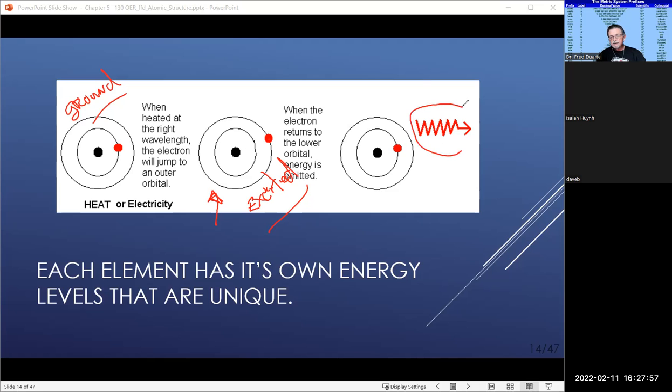And in the process, it has to release the amount of energy it took to get it up to the excited state. And it will release it, in this case, most of it as light. Okay, and there's some heat. And very unique, that distance from the first energy level to the second is very, very specific.